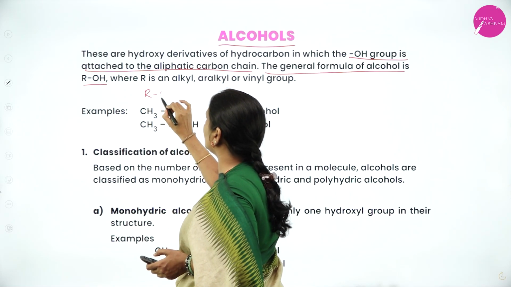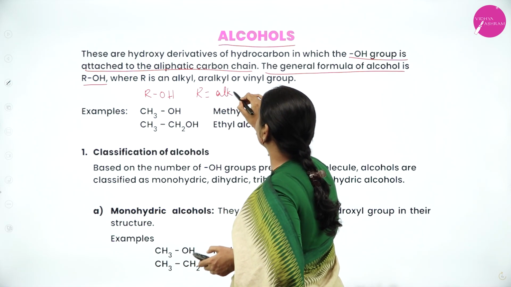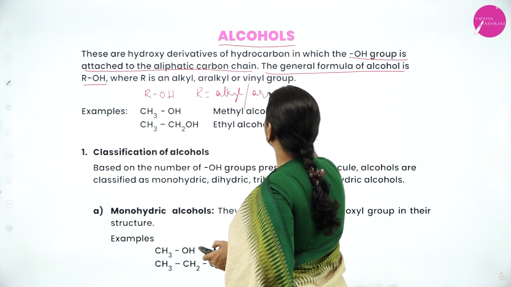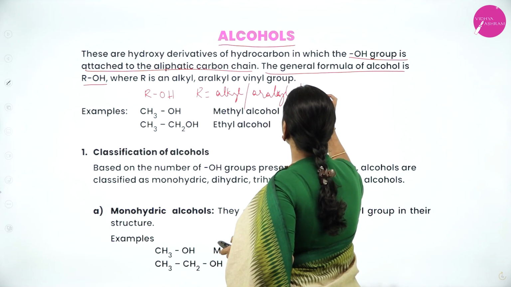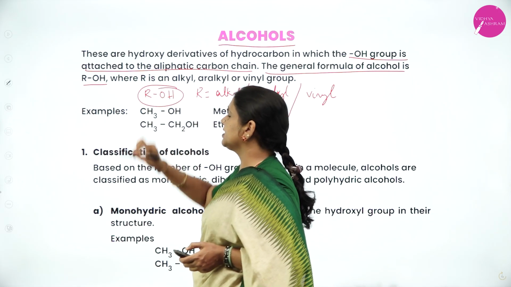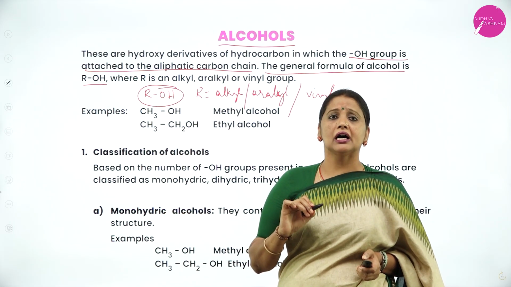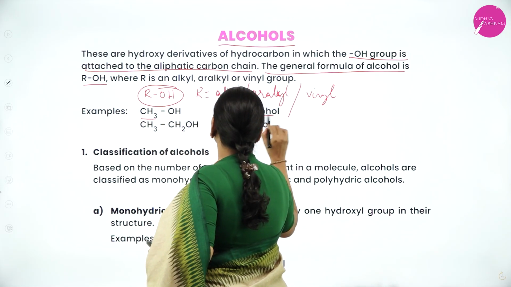The general formula of alcohol is ROH, where R is alkyl, aralkyl, or vinyl group. Therefore, what is the general formula of alcohol? ROH. If R is equal to CH3, it is methyl alcohol.